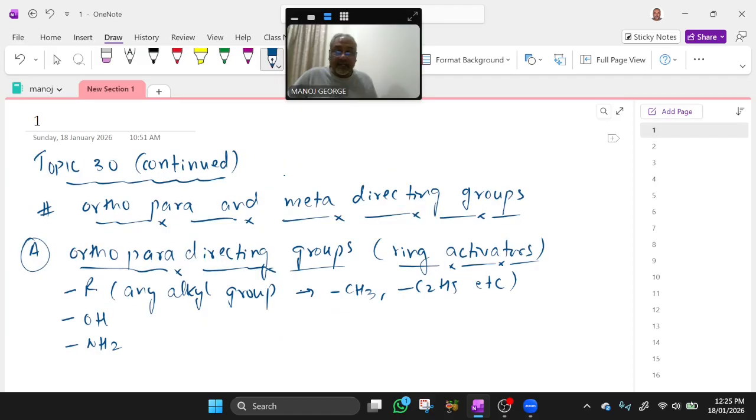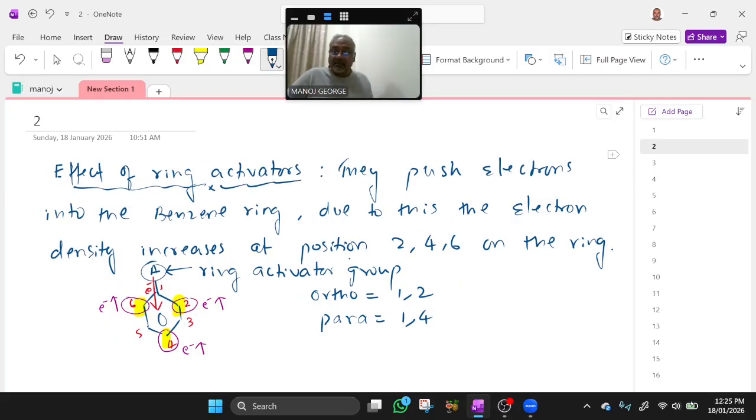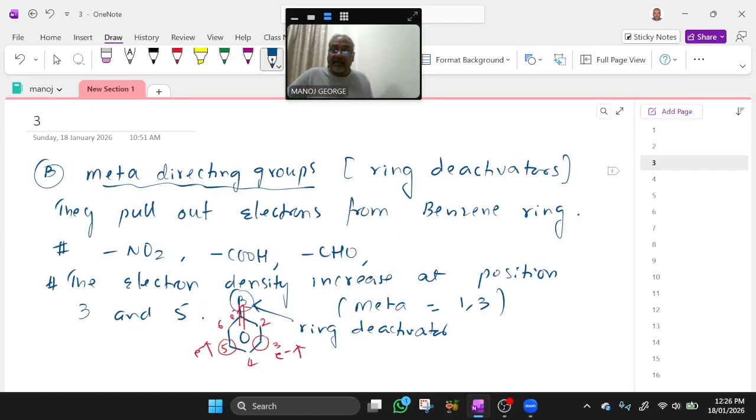Okay, once again, for anybody who's joined late, we started off with ortho para directing groups. Ortho para means they activate the ring, they push electrons into the ring, causing electron density increase at positions 2, 4, 6. Then we have ring deactivators, also called meta-directing. They pull the electrons out of the ring, increasing electron density at positions 3 and 5.